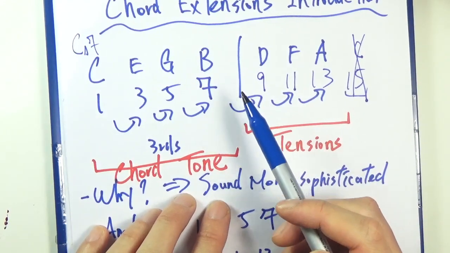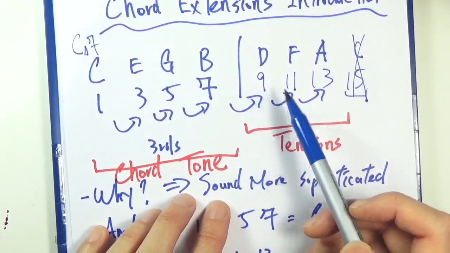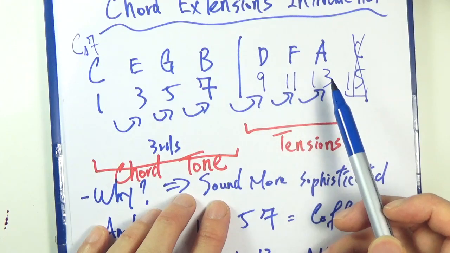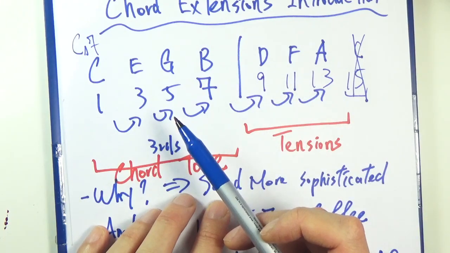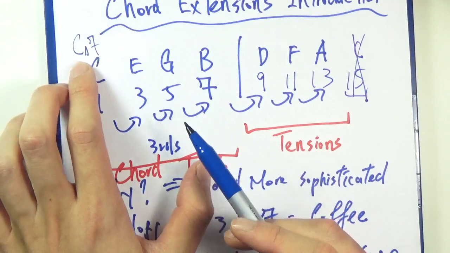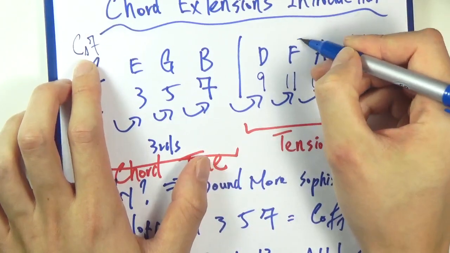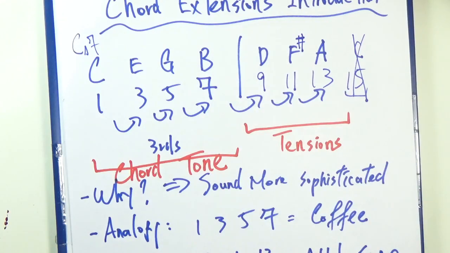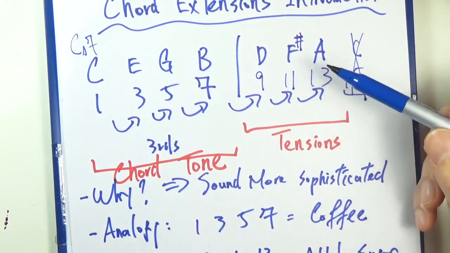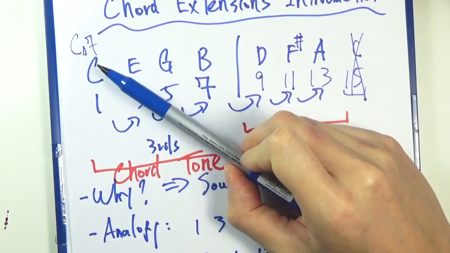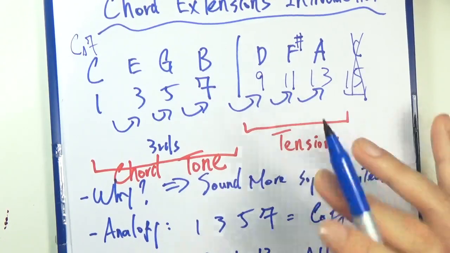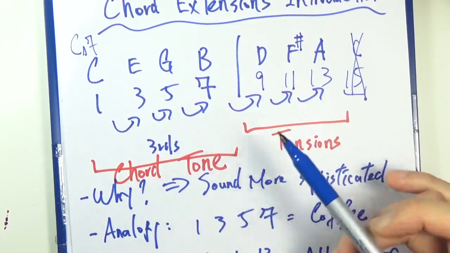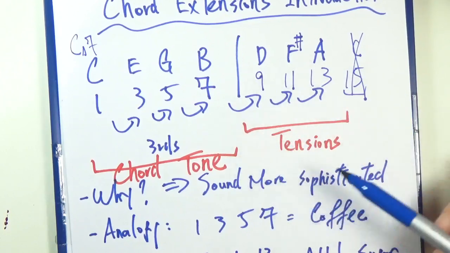So for chord extensions, you can actually add the 9th, 11th, 13th to the chord. Okay. So it's a C major 7. So we should be adding an F sharp. Don't worry about this. I will talk about this in depth when we go to C major 7 chord extensions. Okay. So for each chord type, the tensions that we'll be adding will be different.